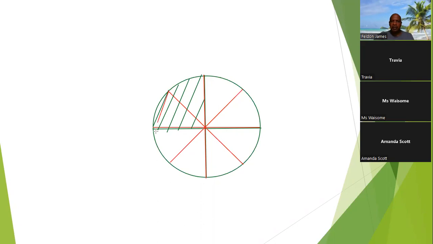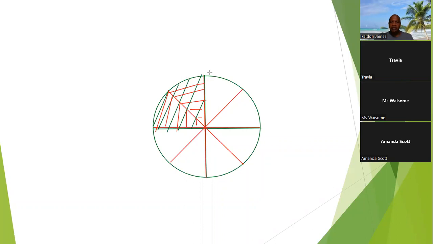So this is 1 part of 8 plus another part of 8. So another slice out of the 8. And when you put those 2 slices out of the 8, it would be the same as the 1 slice out of 4. Everybody see that? Showing you from a picture point of view?